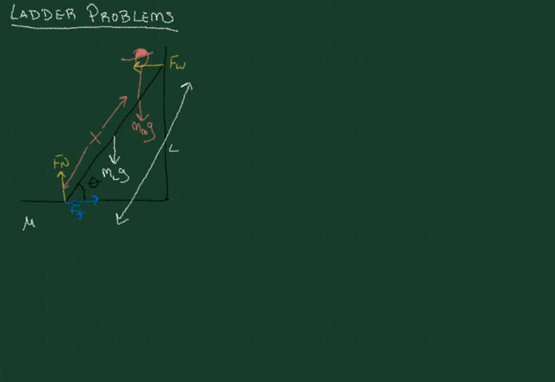Okay, so again, we'll start this exactly like we've been solving our other problems. The first thing we do is we find our net forces. And so we see, going from left to right, we have a normal force. The normal force is going up. We have a frictional force going to the right.